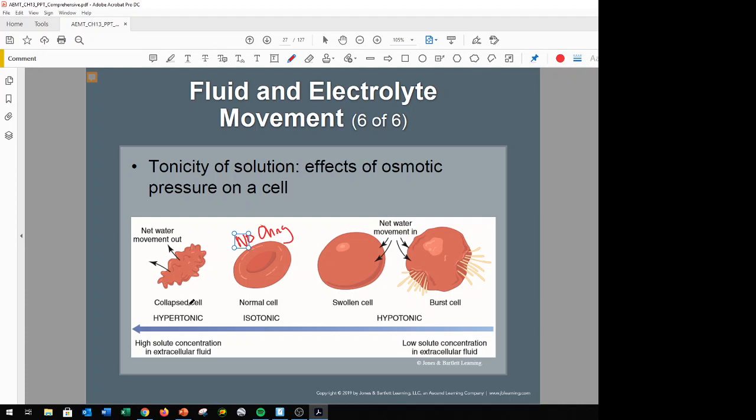So we have an increased concentration of sodium outside that cell. What happens? Water is going to be drawn outside the cell, and it causes that cell to shrink or collapse. That's what hypertonic means.